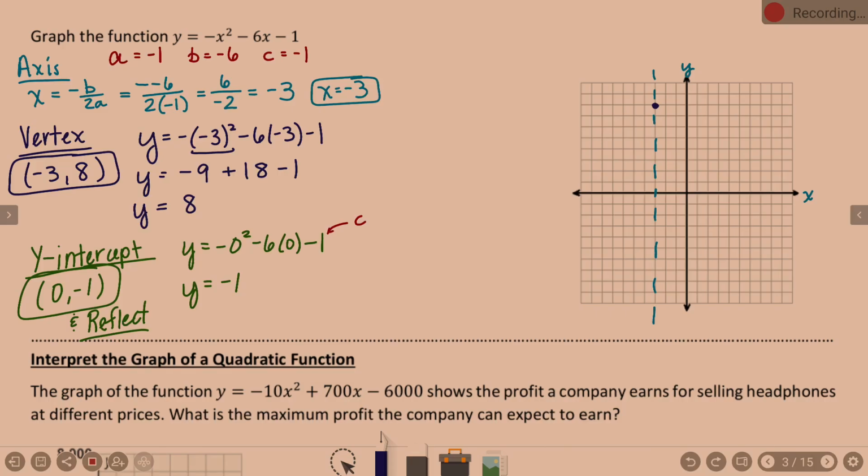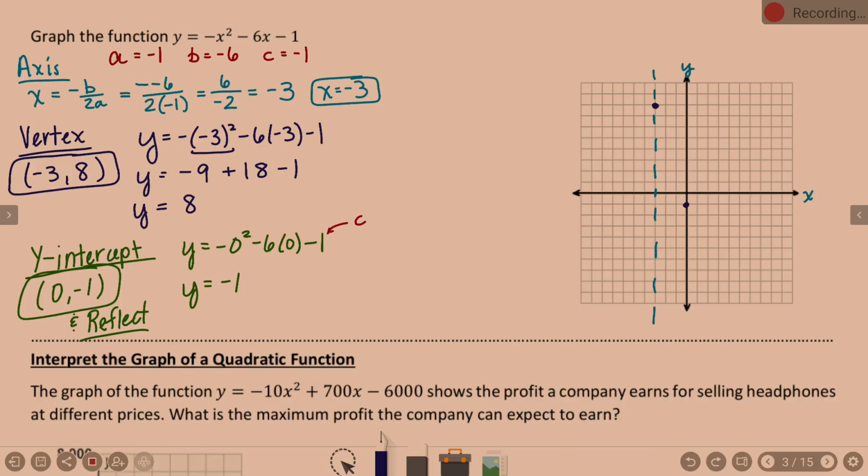Now, y-intercept. I'm going to use the y-intercept. Y-intercept is supposed to be what? Negative 1. So on the y-axis, negative 1. Does it make sense that it's way down there? Could that happen? Well, we already talked. What's this parabola supposed to be doing? It is supposed to be upside down. Now, make this guy symmetric.